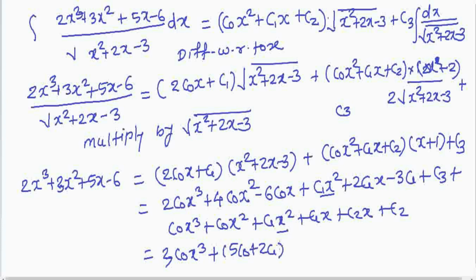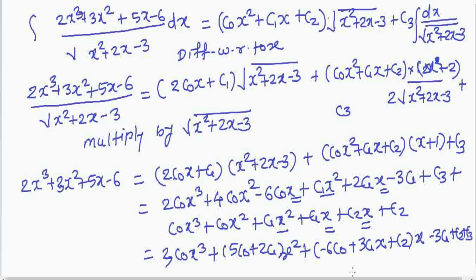Now look at the x term: minus 6c0 plus 3c1 x plus c2 into x, and constant minus 3c1 plus c2 plus c3. Equate this with 2x cube plus 3x square plus 5x minus 6.